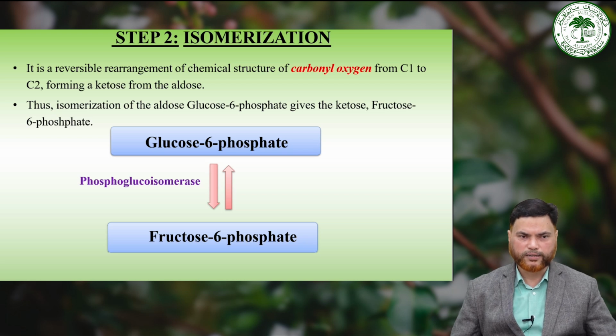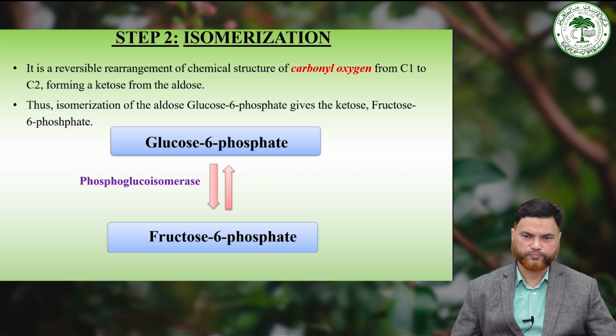Moreover, isomerization is very important for two main reasons in glycolysis. First, when the phosphorylation happens at carbon 1, it is easier to add a phosphate to a simple primary hydroxyl than to the hemiacetal hydroxyl group of glucose 6-phosphate.